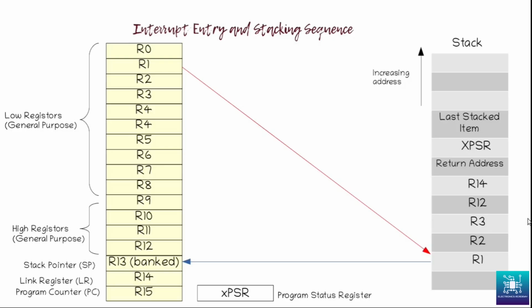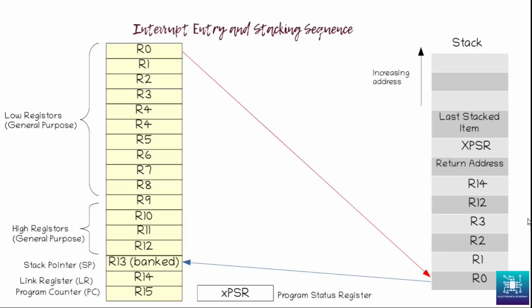R1 is saved. R0 is saved. So it has saved all the registers. How many items? 1, 2, 3, 4, 5, 6, 7, 8 items. This was the last stacked item. So according to the AAPCS standard, it has saved 8 items on the stack.